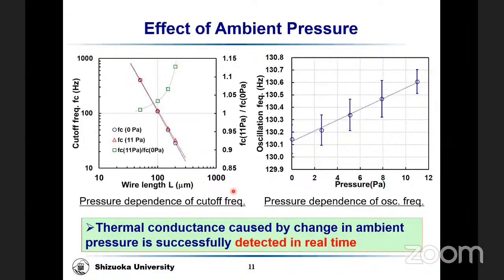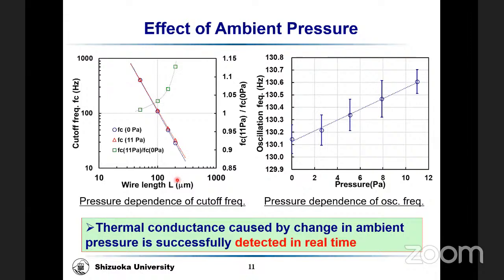Okay, thank you. And by changing the ambient pressure, we can change the thermal conduction. That's why when the pressure becomes larger, cutoff frequency becomes lower.